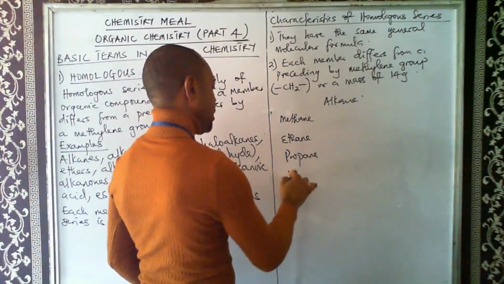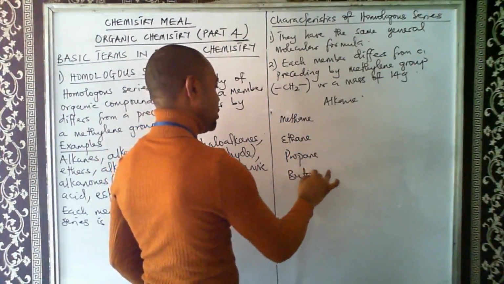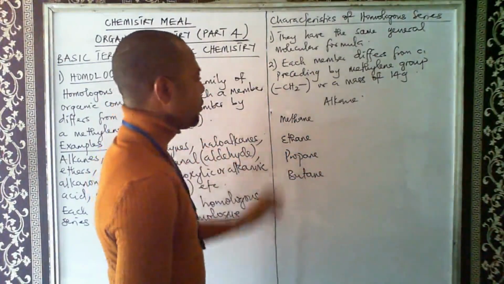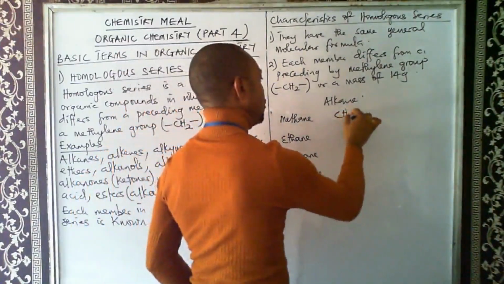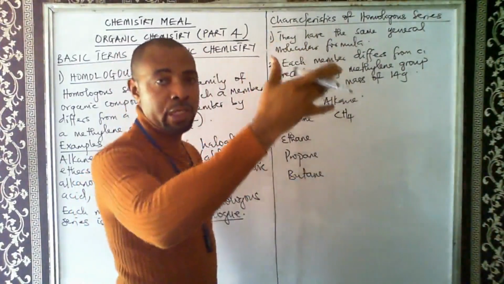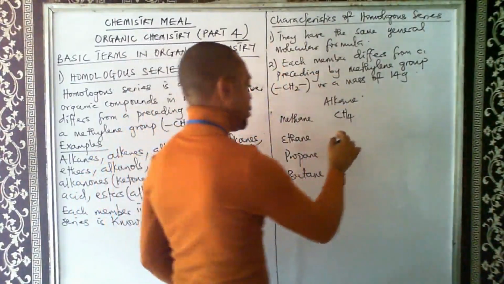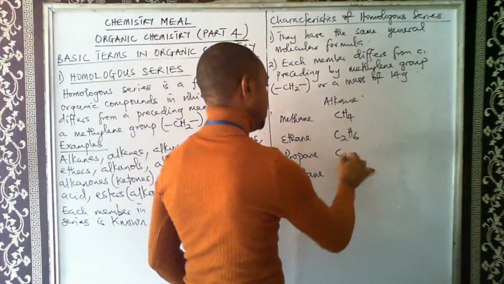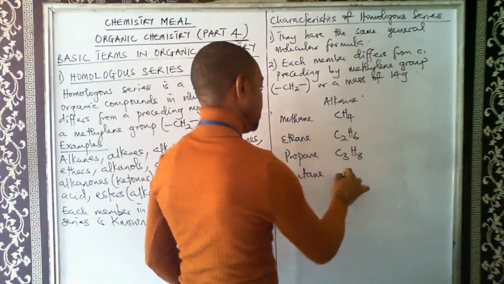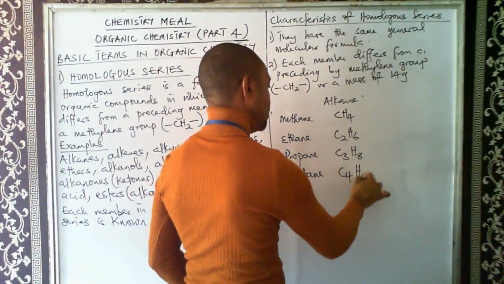And the 4th member there is butane. What's the molecular formula of methane? CH4, just from that general formula we explained previously. This one is C2H6. This one is C3H8. And this one is C4H10.